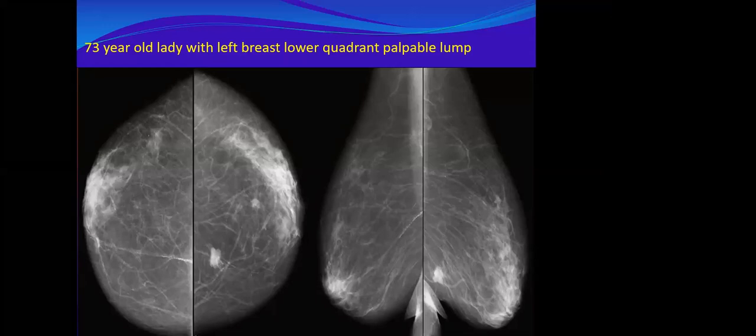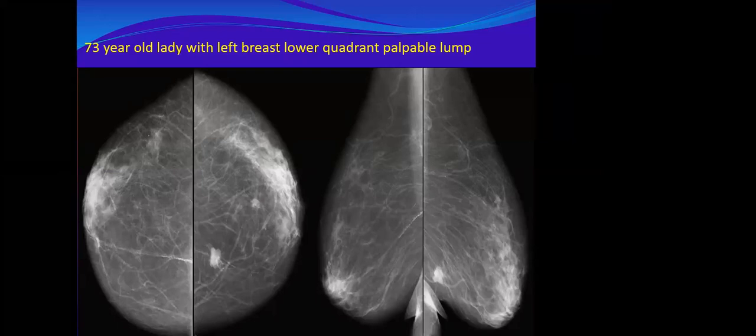Okay. With lobulated outlines. Okay. There is another area of asymmetry. Excellent.